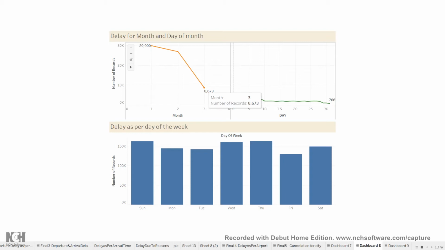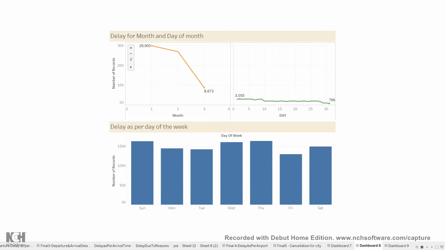For the graph on the right, we can see that there is a relatively higher number of records around the beginning of the month, and then there is a gradual decrease throughout the month from 3,055 to 766.